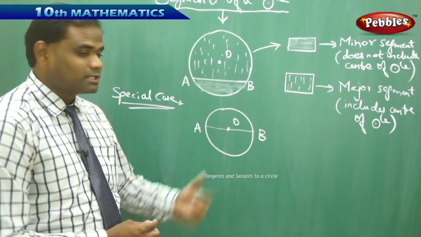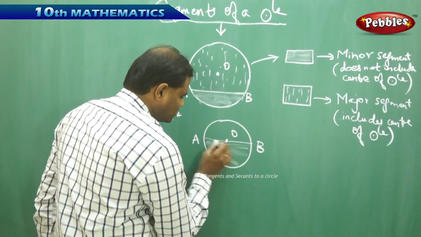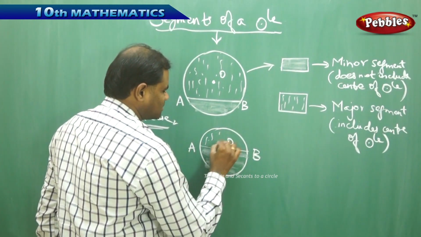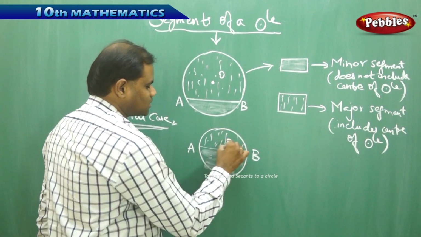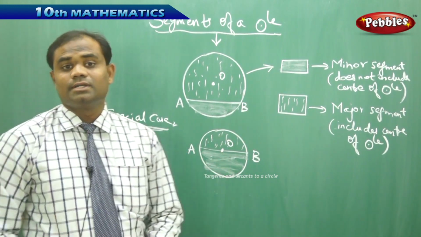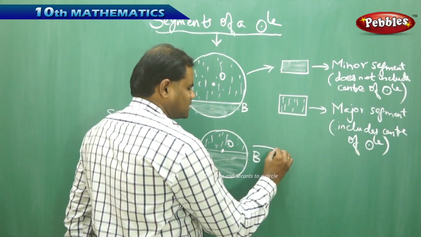So in the special case, we identify that we have exactly two equal areas. The major and the minor segment converge to become two equal segments, where both are called semicircular areas.